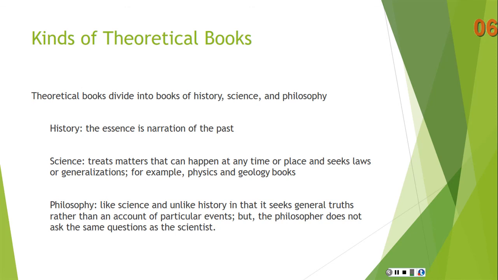So with history, the essence is narration of the past, obviously, and then science treats matters that can happen at any time or place, and it seeks laws or generalizations. So, for example, physics and geology books, and then philosophy, like science and unlike history, in that it seeks general truths rather than an account of particular events.